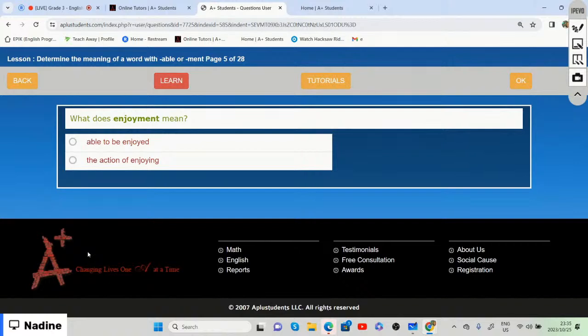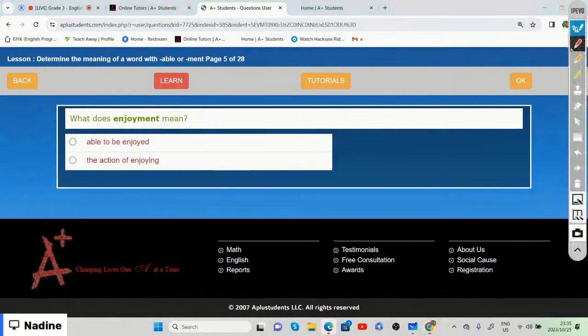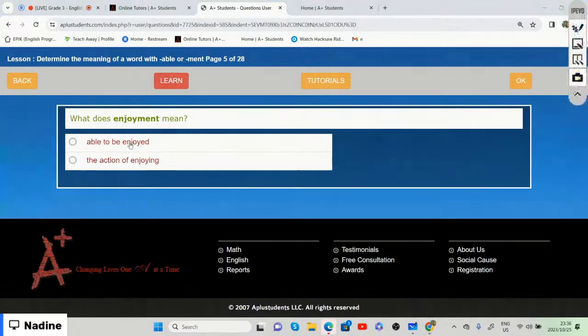Is it able to be enjoyed or the action of enjoying? Which means that enjoyment means the action of enjoying.